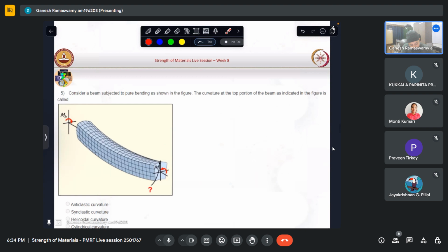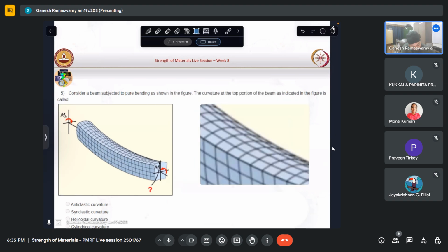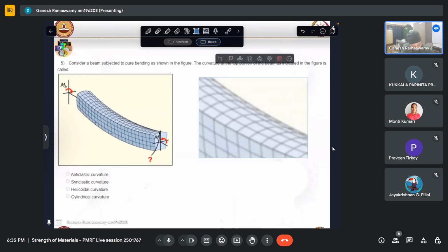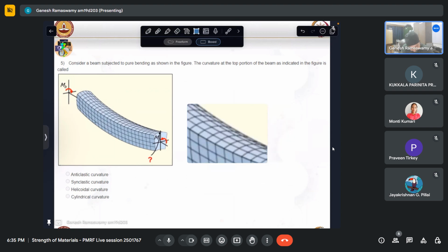So what we see here, let me take a small section of this and blow it up. Let me trace one curve here, like that. So what do I see? If I try to locate the center, it goes somewhere towards the top of the beam.